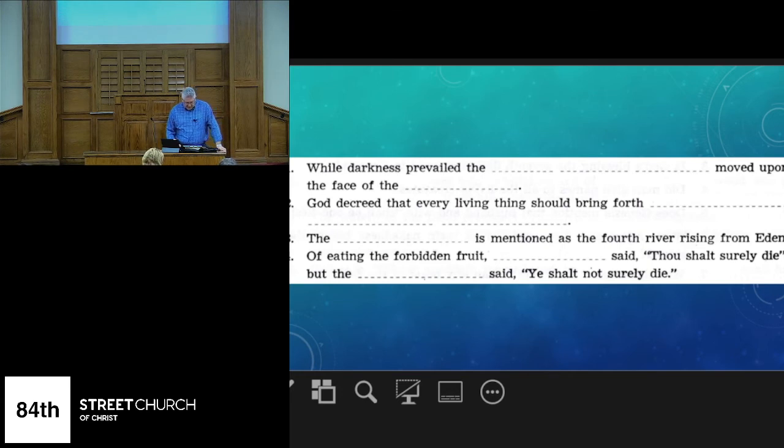God decreed that every living thing should bring forth after its kind. It's one of the most important concepts when you're discussing evolution with someone, and when you're discussing how we got where we are.